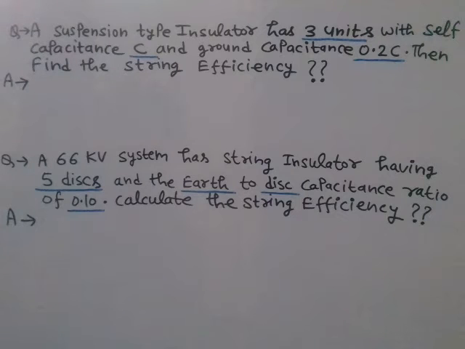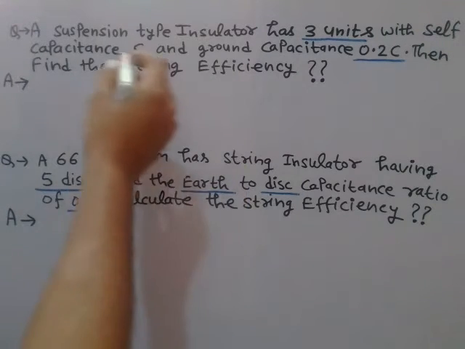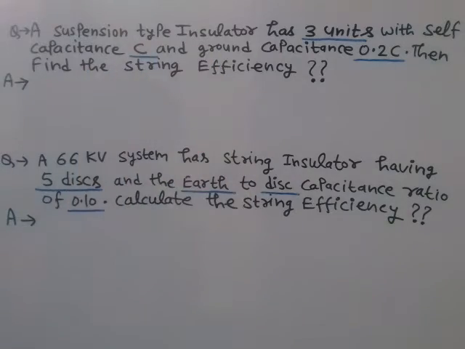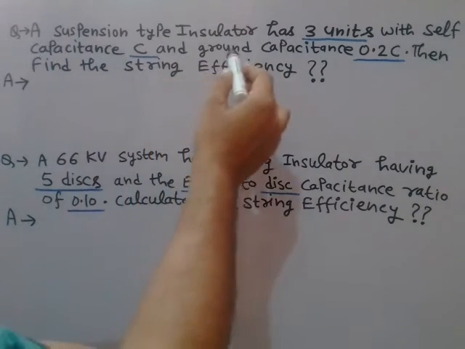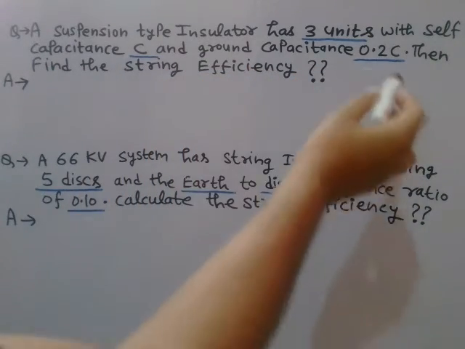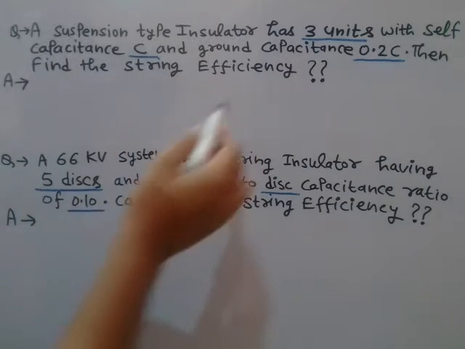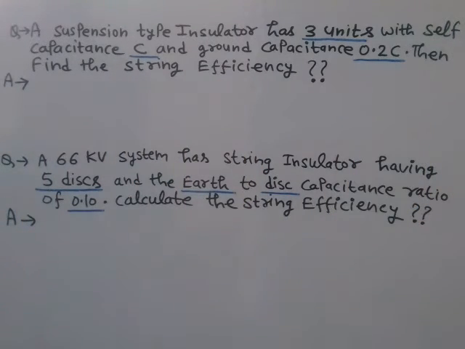So, this is a suspension type insulator. It is having 3 units, with the self capacitance C and ground capacitance 0.2 C. Then we have to find the string efficiency. So how to solve this numerical?